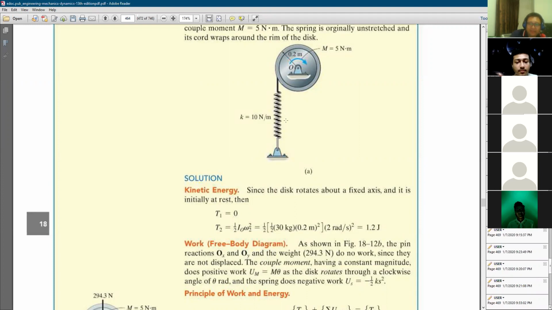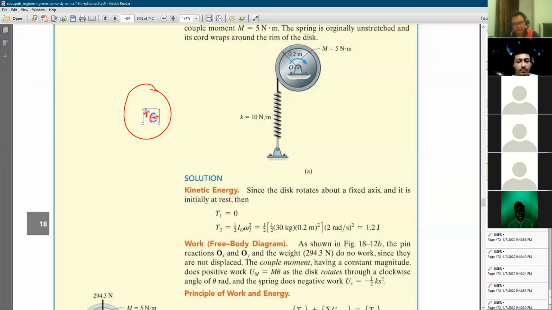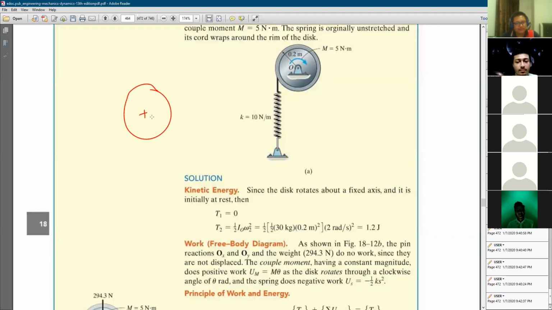As I already discussed before, if you have a wheel or anything, and this is our point G, or in this case we put O, so let's change to O. This is our point O. So I_O is equal to half m r square, because our center of rotation, or the axis of rotation, is this point here.